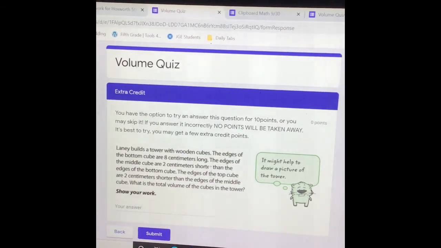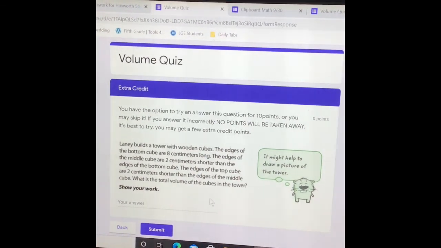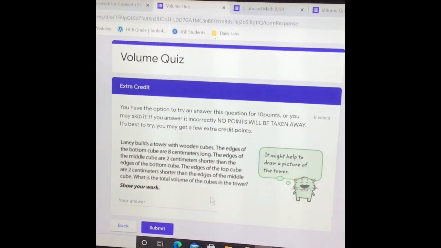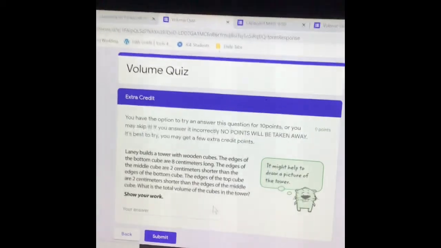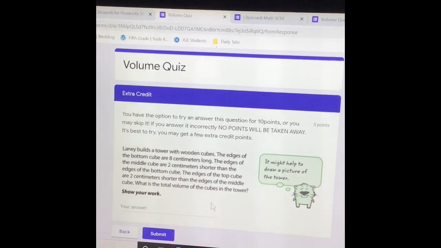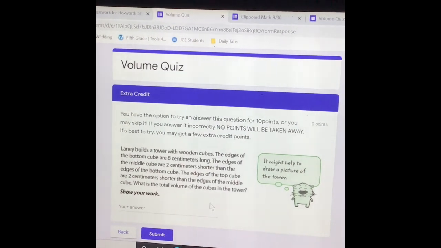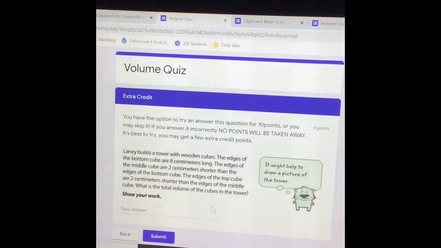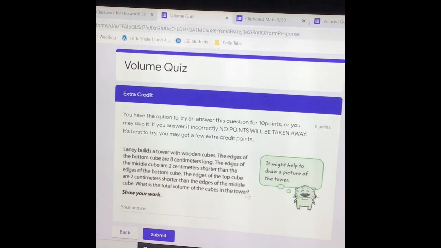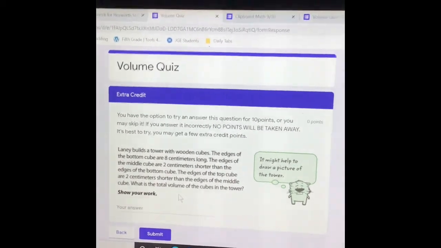The top is 2 centimeters shorter than the middle. So instead of using the words like width and height, they've used the words middle and top. It says, what is the total volume of this cube in towers? Or what is the volume? I hope you do well on your quiz.